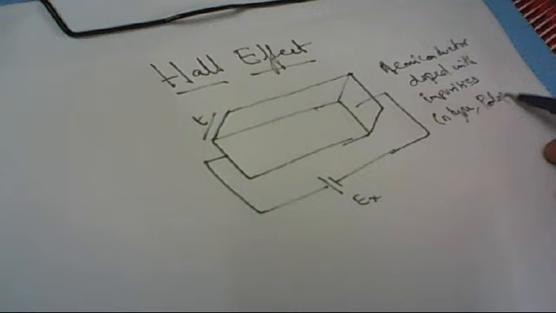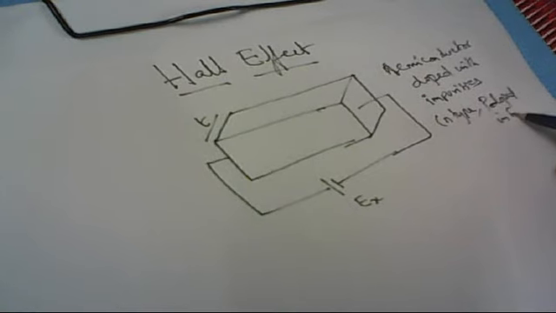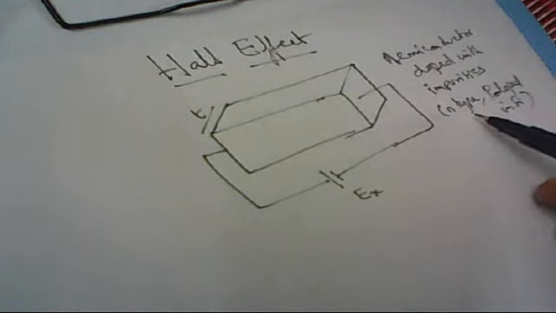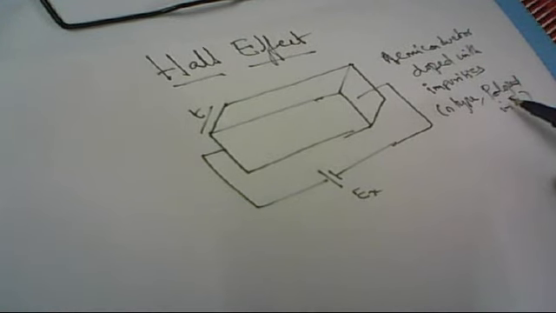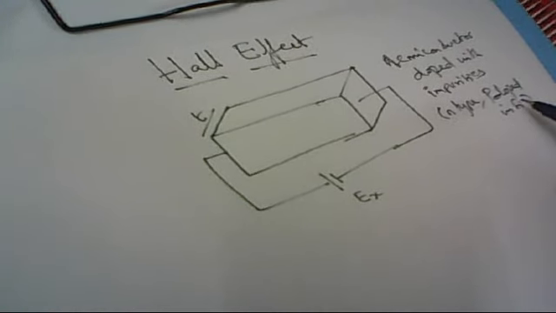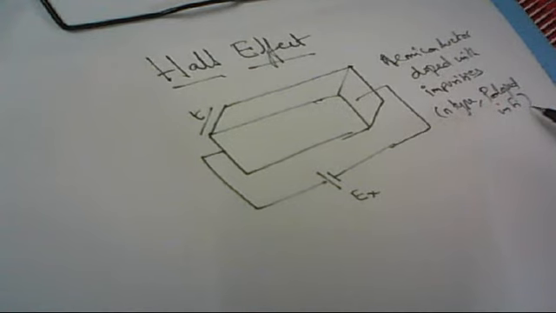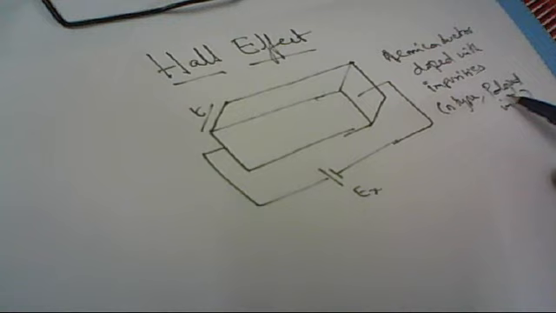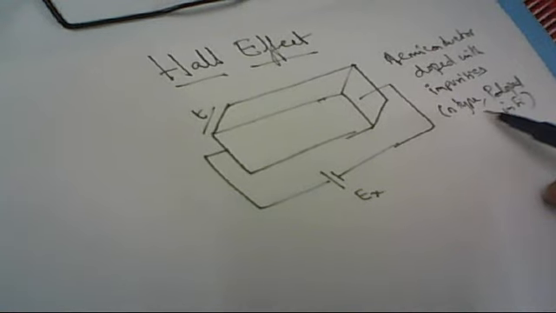If it is doped with phosphorus, pentavalent impurities, in silicon, which is an intrinsic semiconductor, then it becomes an n-type.